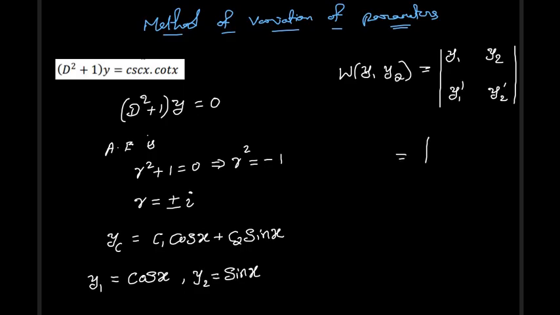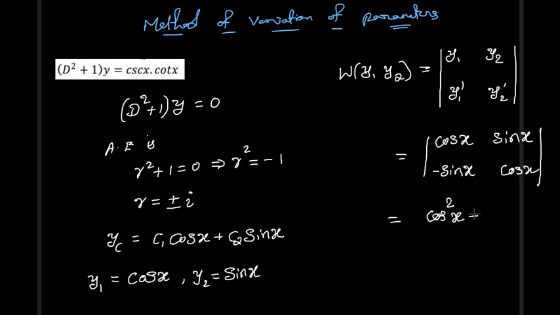In our case, y1 is cos x and y2 is sin x, and the derivative of cos x is minus sin x, and the derivative of sin x is cos x. If you take the determinant, it is cos square x minus (minus sin x)(sin x), which is cos square x plus sin square x, and we know that is 1. Therefore, the Wronskian of y1, y2 is nothing but 1.